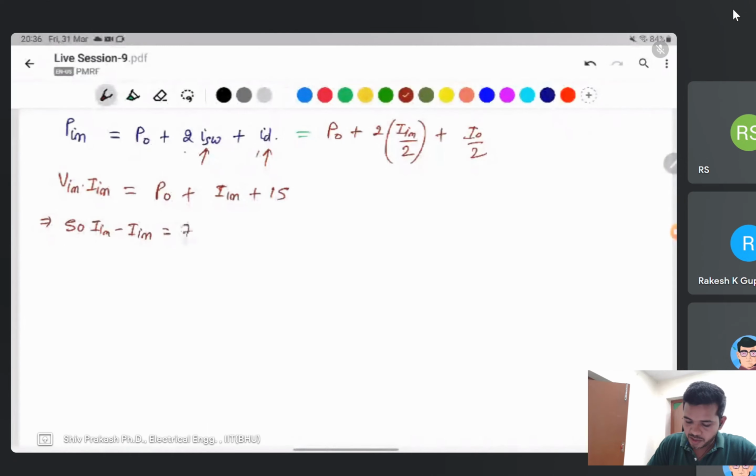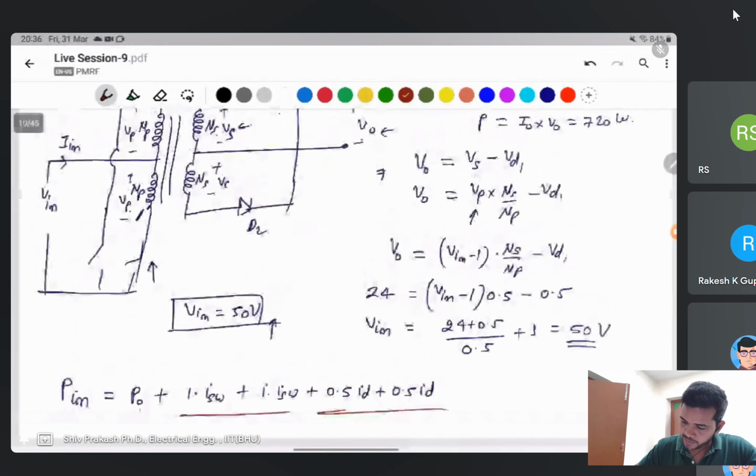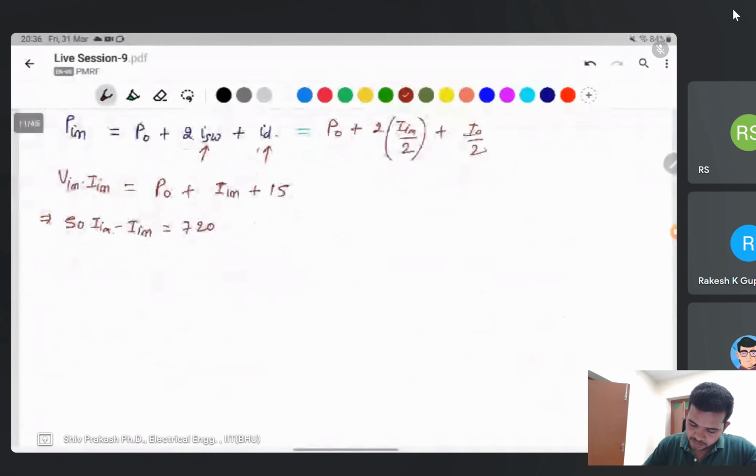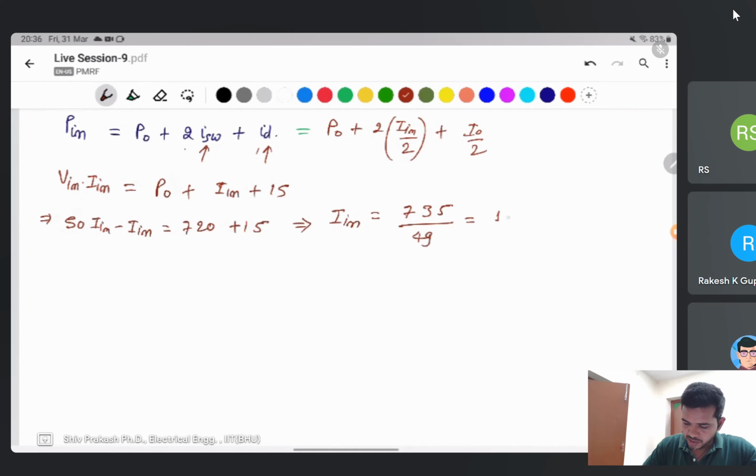Output power is given, input power we calculated 720 volt, 20 watts. This one is output voltage and output current, plus 50. Then you can calculate the input current here. 7 of 35 divided by 49. I think this will be 50 ampere.